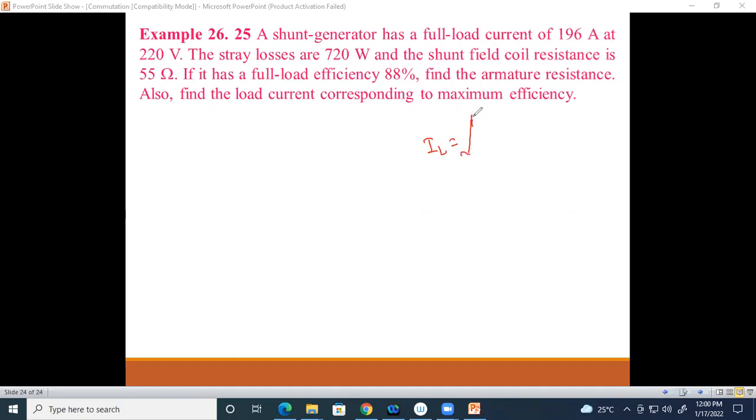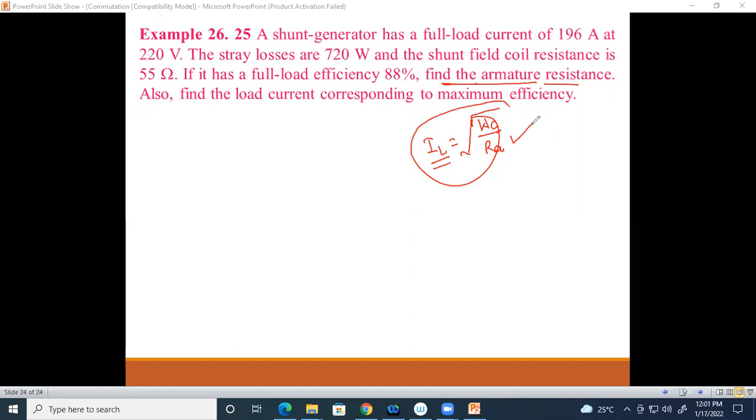IL is equal to root WC upon RA, root WC divided by RA, where WC is the constant losses and RA is the armature resistance. Before that, we want to find the armature resistance. Only if the armature resistance is found can this be calculated. First of all, calculate the armature resistance, then calculate the load current at which the maximum efficiency will occur.